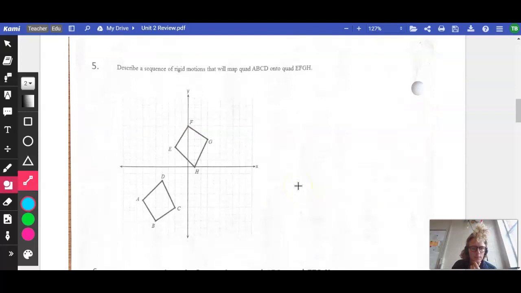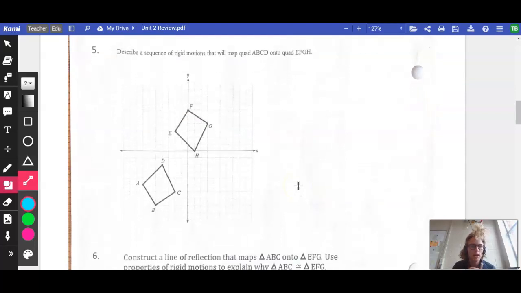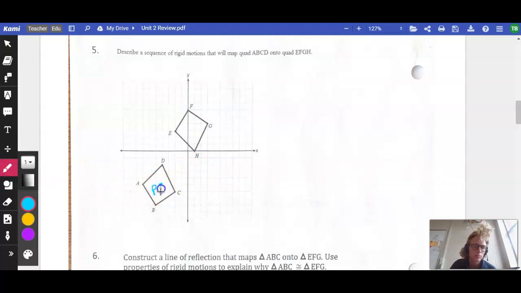Alrighty, number 5. Describe a sequence of rigid motions that will map quad ABCD onto quad EFGH. Quad means quadrilateral. So this is our pre-image, and this is our image.